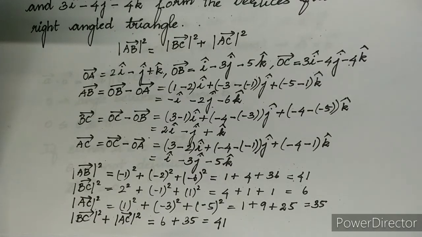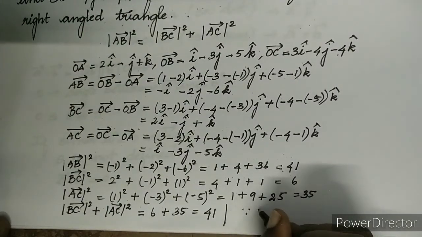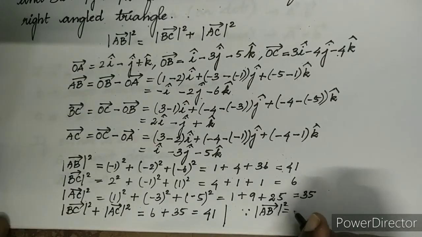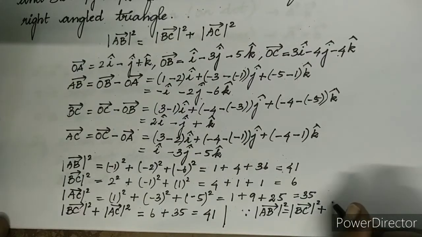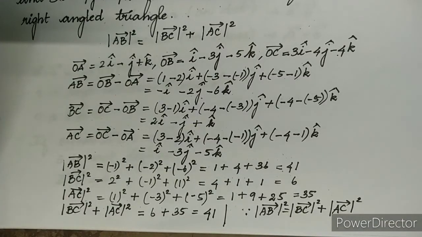So we got magnitude of AB vector square also 41, and the sum of magnitude of BC vector square and magnitude of AC vector square also 41. Magnitude of AB vector square is equal to magnitude of BC vector square plus magnitude of AC vector square. Triangle ABC is a right angled triangle.